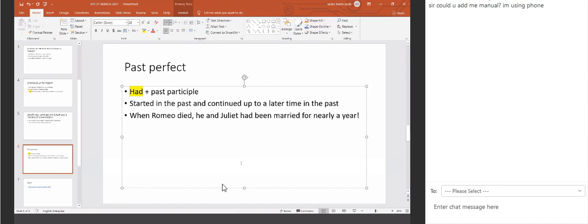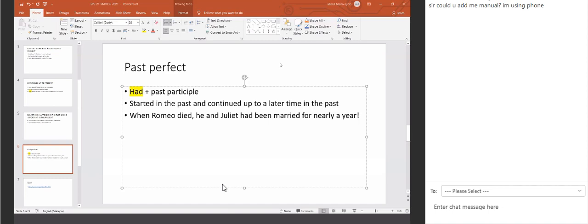So the past happens for quite some time and then stops. Do you understand or not? Clear or not? The difference between past and present perfect.